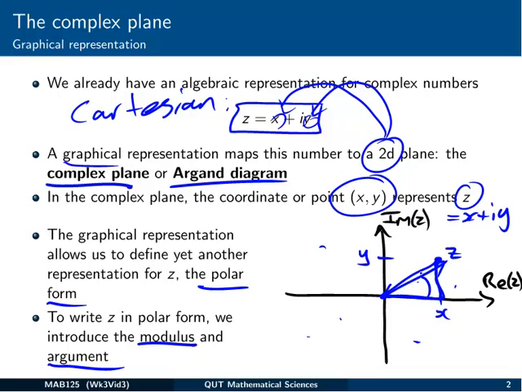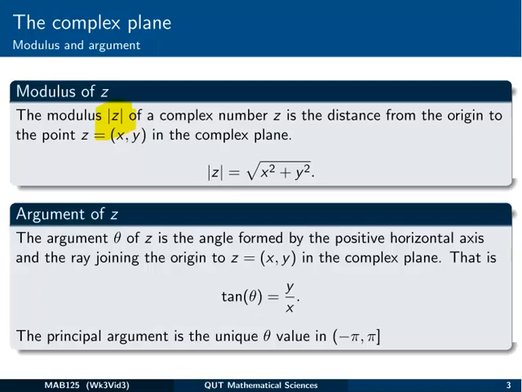So the length of that line should be, by Pythagoras' theorem, square root of x squared plus y squared. And that's exactly what we have as our rule for the modulus of z, or the definition of the modulus. It's always equal to the square root of the real part squared plus the imaginary part squared.